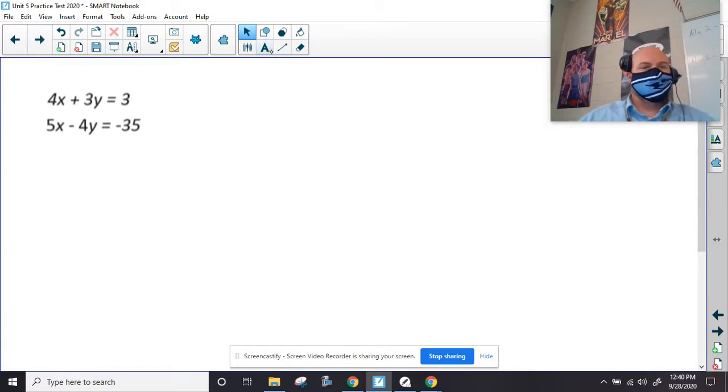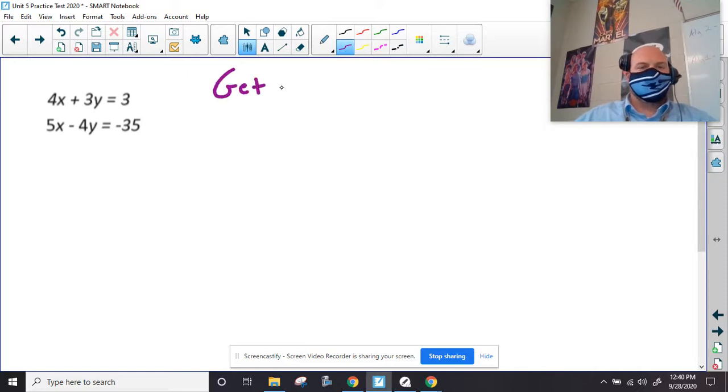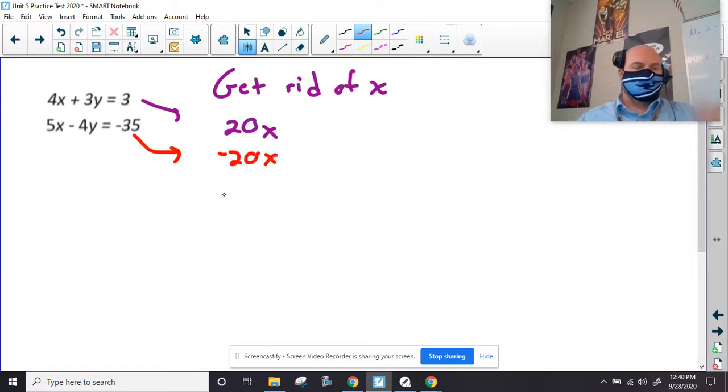I got another one. I forgot I put this one on here. We're going to get rid of x this time. I'm just choosing it because we hadn't done it yet. This is a 4 and a 5, I can make the top one be a 20x, and I can make this bottom one be a negative 20x, because that would mean they would cancel.